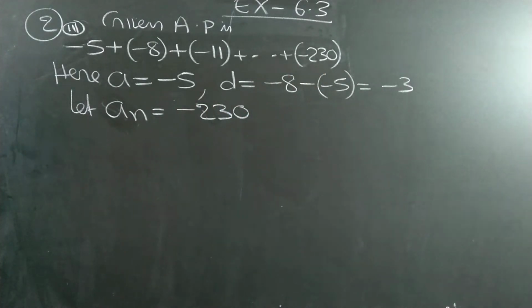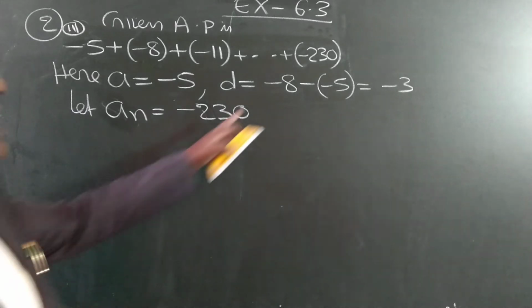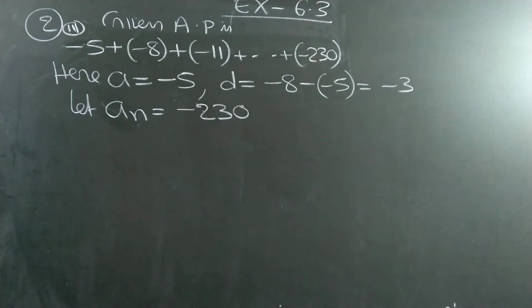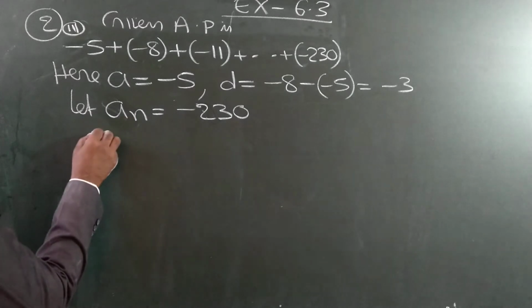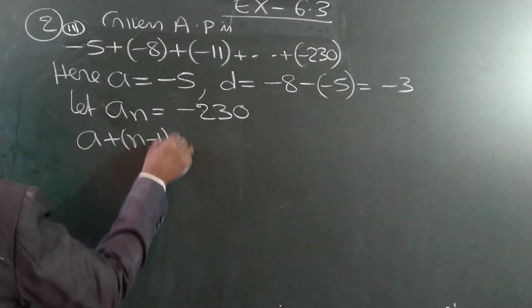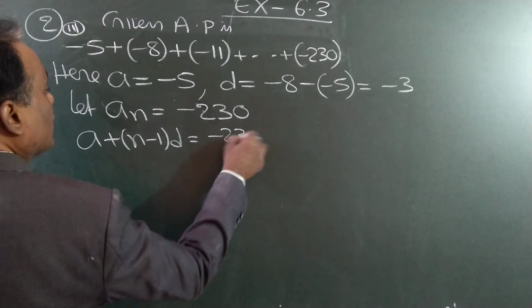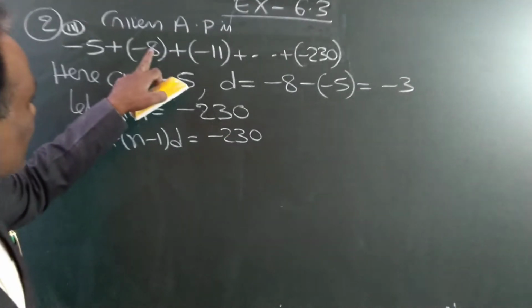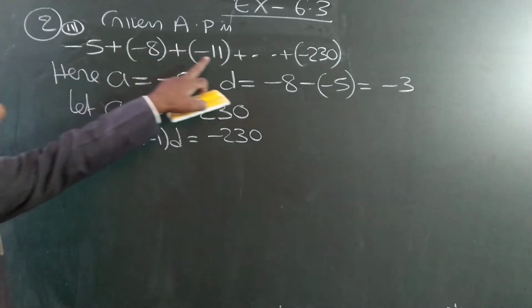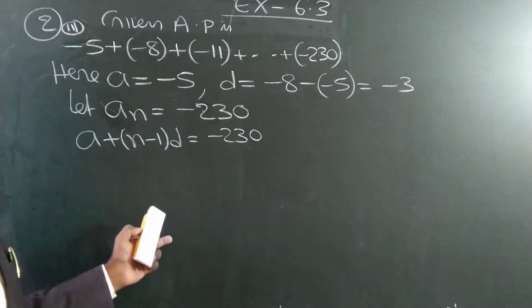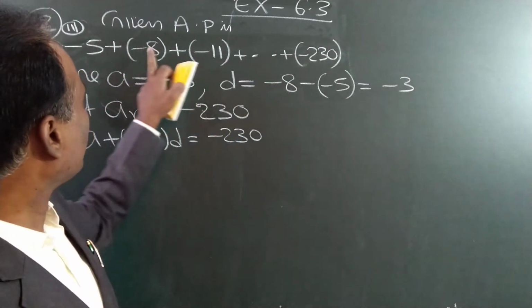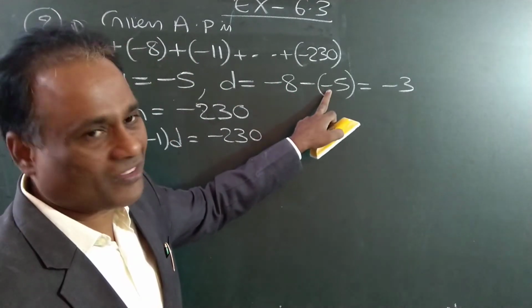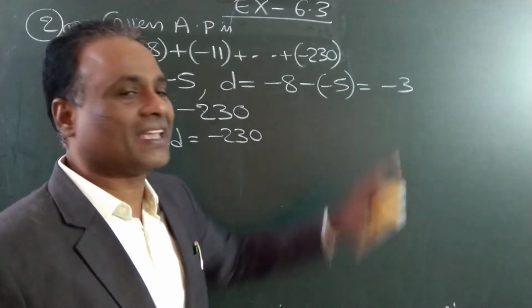The formula for the nth term is a plus n minus 1 into d is equal to minus 230. First term is minus 5, and d is second minus first. This minus this, any two consecutive terms' difference is d. Minus 8 minus minus 5 is minus 8 plus 5, which is minus 3.